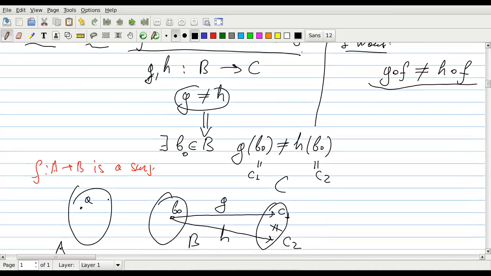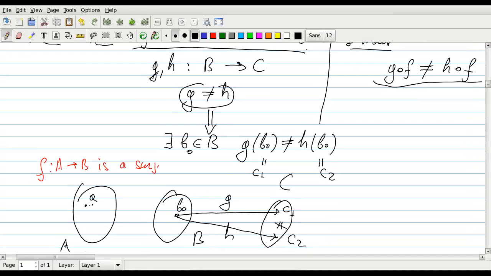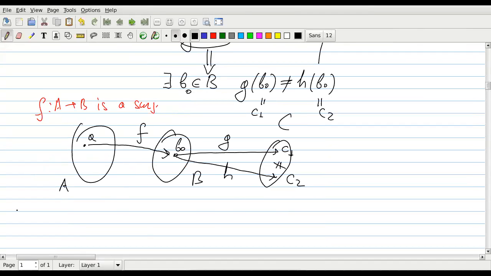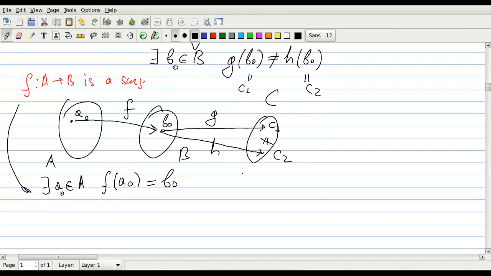Oh, of course. There exists some A0, so that F of A0 equals B0. Is it clear?